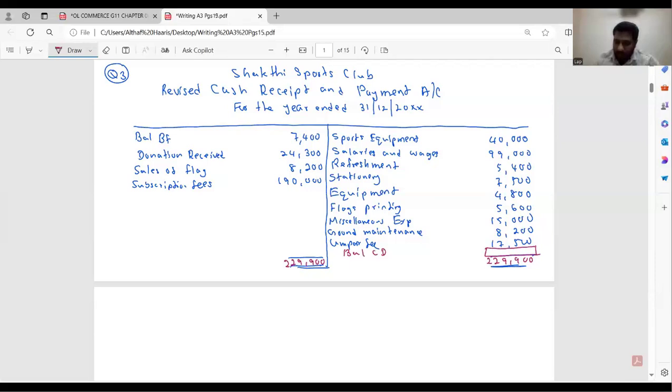40,000, 99,000, 5,400, 7,500, 4,800, 5,600, 15,000, 8,200, 17,500, and the balance 26,900.